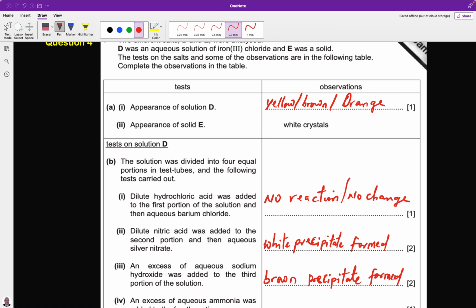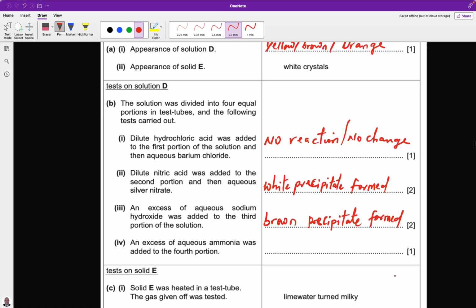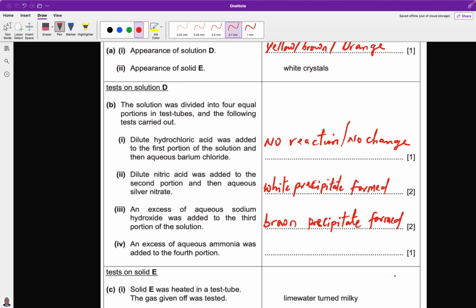Now, an excess of aqueous ammonia was added to the fourth portion. Now we are reacting aqueous iron 3 chloride with aqueous ammonia. The reaction will give a brown precipitate.